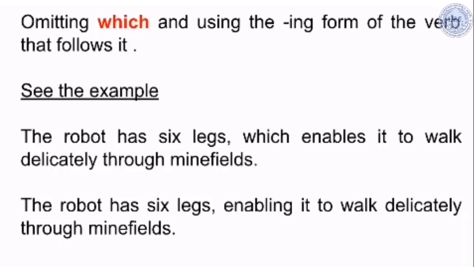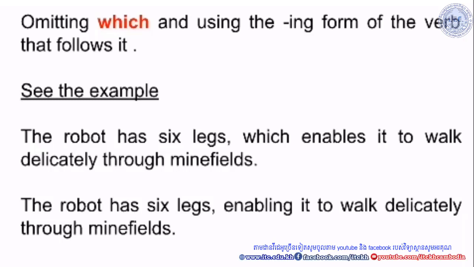Here is an example: the robot has 6 legs, which enables it to walk delicately through minefields. Now we want to omit which. It turns into: the robot has 6 legs, enabling it to walk delicately through minefields.